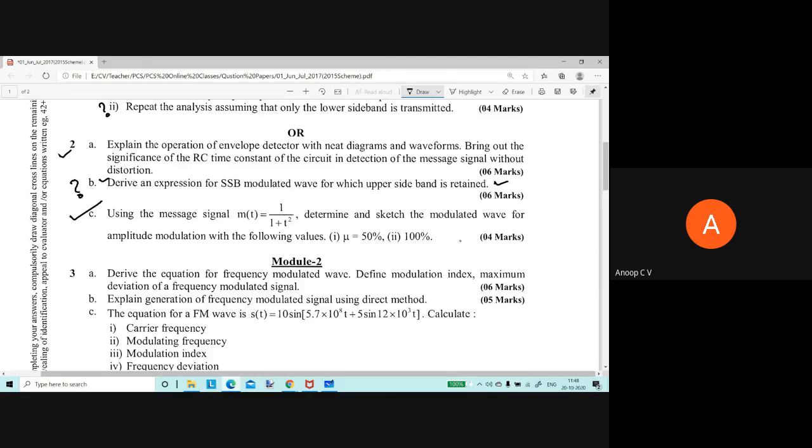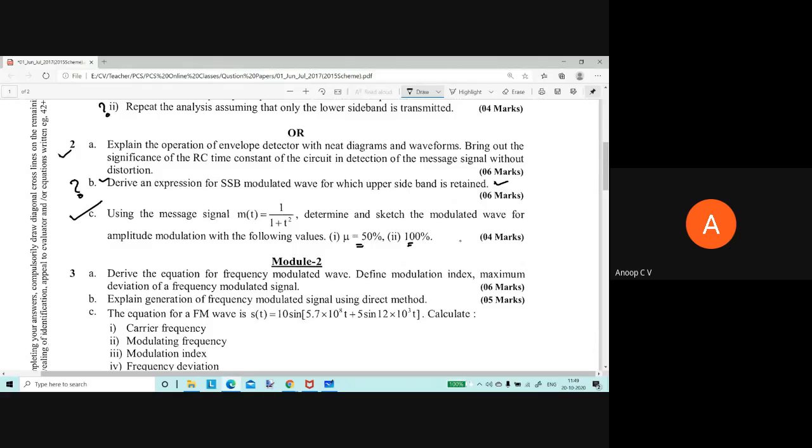The question is, using the message signal m of t is equal to 1 by 1 plus t square, determine and sketch the modulated wave for amplitude modulation with the following values: mu equal to 50% and mu equal to 100%. So this is the question, right?